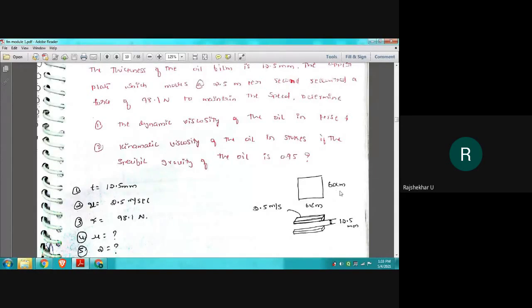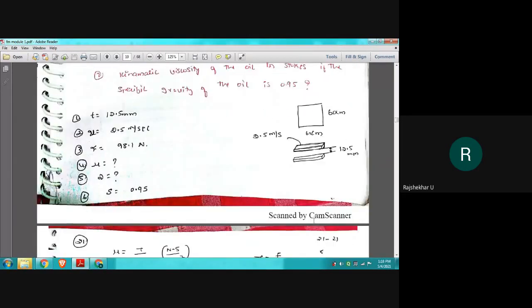So what will be the area of this square plate? It will be 60 into 60, but it has to be converted in SI unit. So this surface will be exposed to the oil, the bottom surface as well as the top surface. I am talking about the inside two surfaces, inside bottom surface and inside top surface.